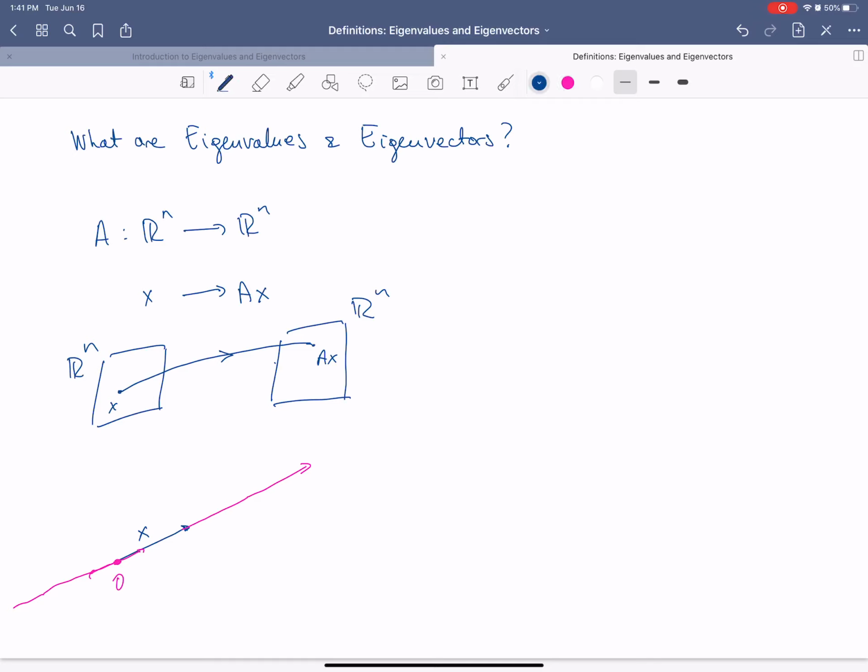So what happens when we apply this transformation Ax is that we get perhaps a longer vector, a vector which is a multiple of the original vector x. This only works if x is an eigenvector. And that is exactly the definition. So I'll write it here.